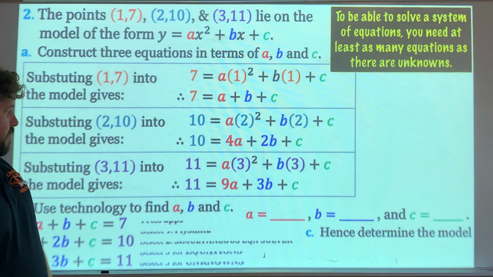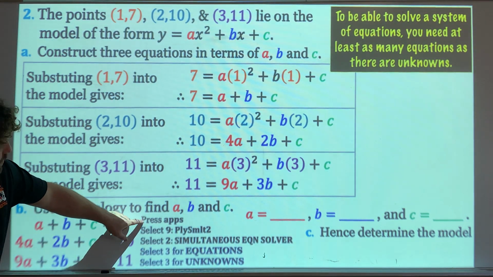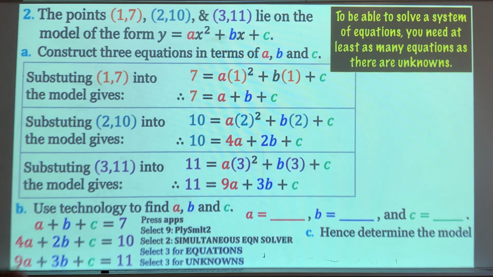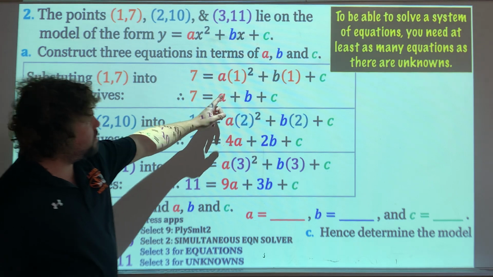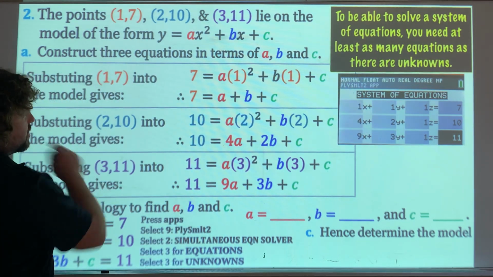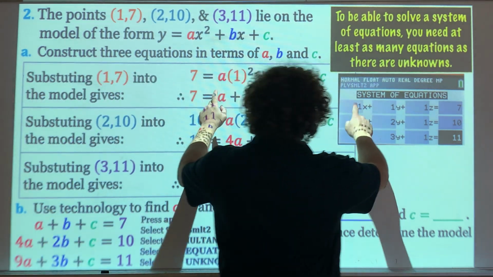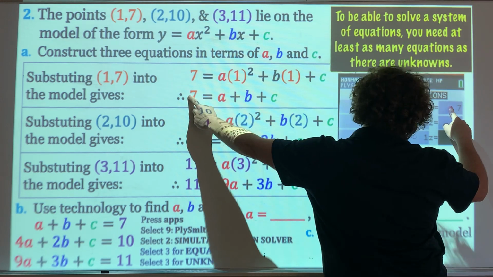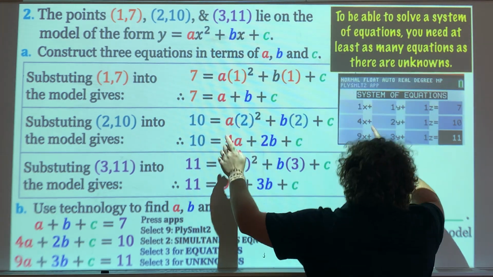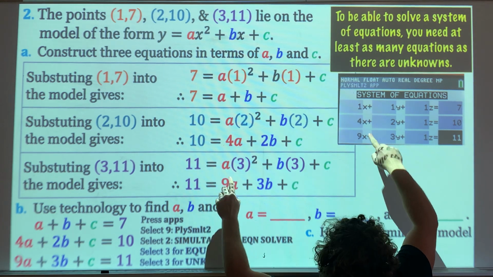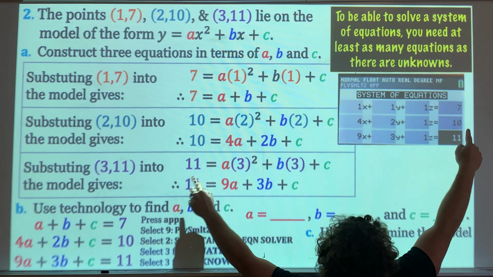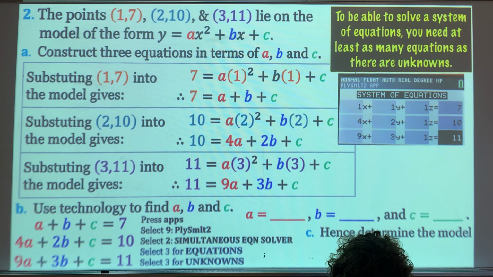All right? So, we're going to press these buttons: apps, 9, 2, 3 equations, 3 unknowns, a, b, c. Type into your equation. So, 1, 1, 1, 7, 4, 2, 1, 10, and 9, 3, 1, 11. All right, get them all in there.